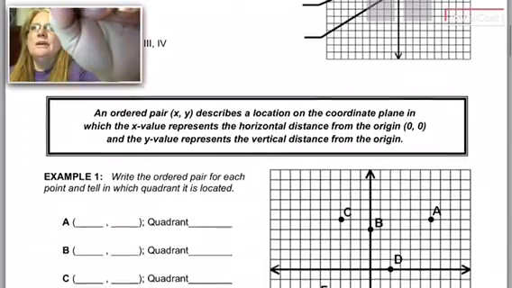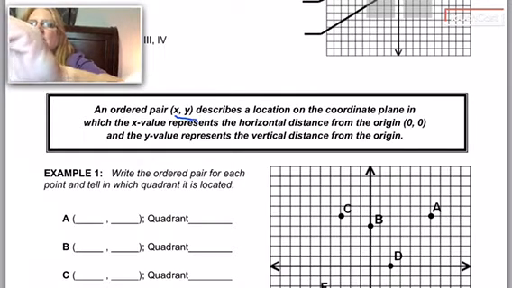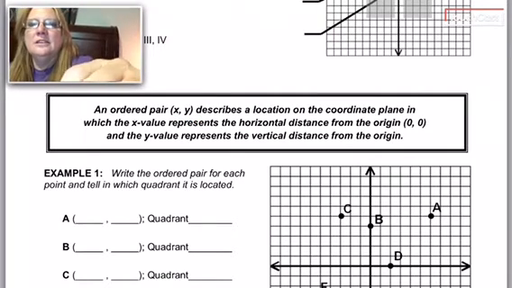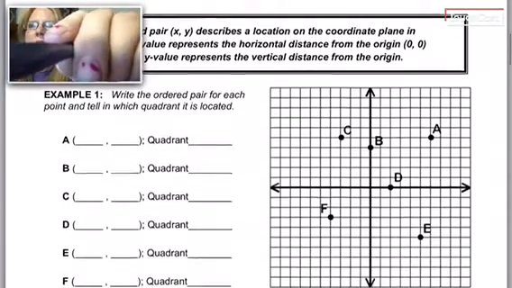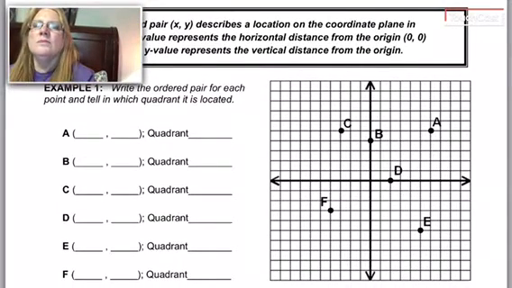An ordered pair, x, y, describes a location in the coordinate plane, in which the x value represents the horizontal distance from the origin and the y value represents the vertical distance from the origin. Again, I think y'all should be pretty familiar with this from algebra. Let's name the coordinates of these points.